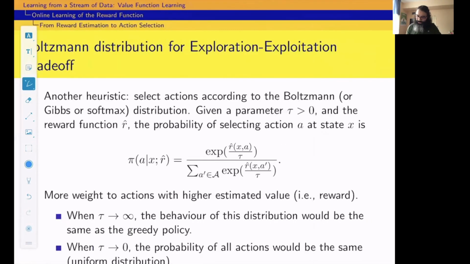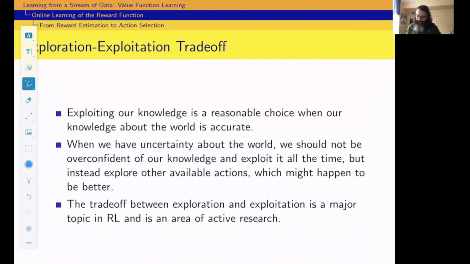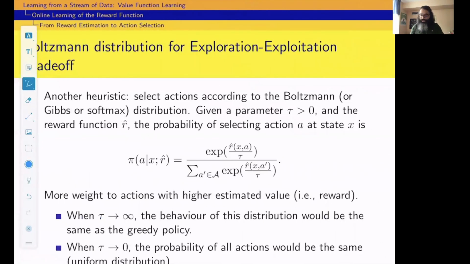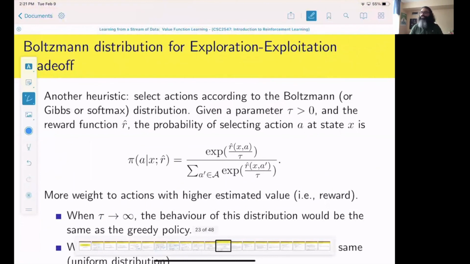So that's exploration-exploitation, and why epsilon greedy balances it. Another heuristic is called Boltzmann distribution, or softmax, or Gibbs distribution. The idea here is that we select an action according to the Boltzmann distribution.